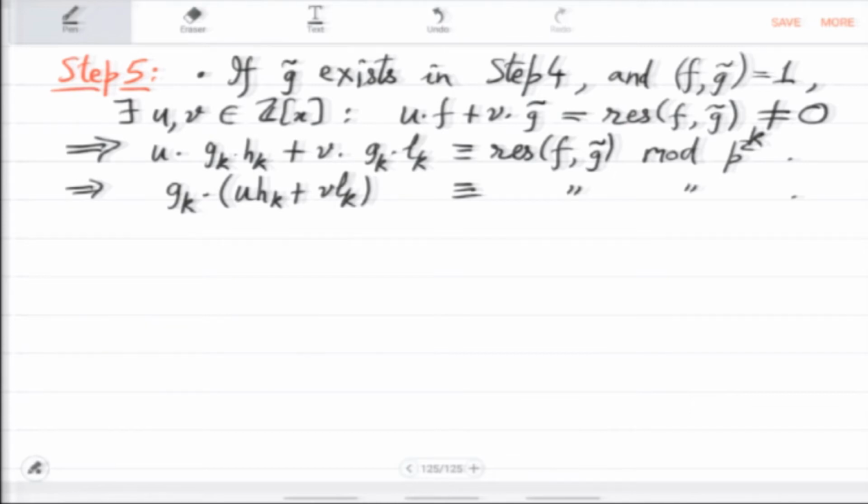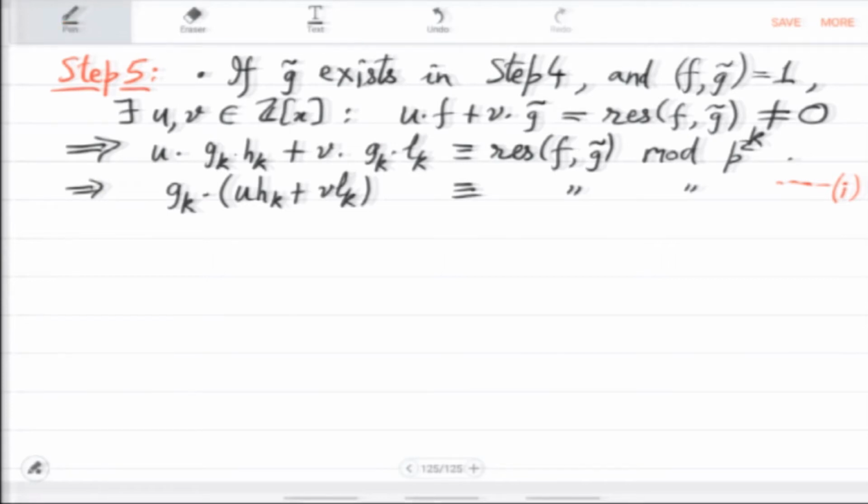So the only way this can happen is if both LHS and RHS are 0, right. So can RHS be 0? Can this number be 0 mod prime power? That's the question. So let's analyze that.